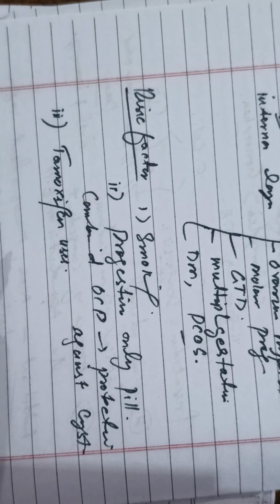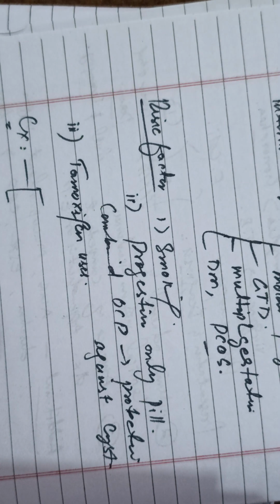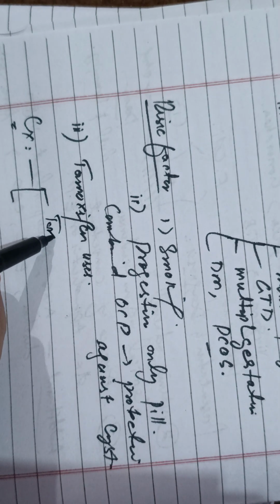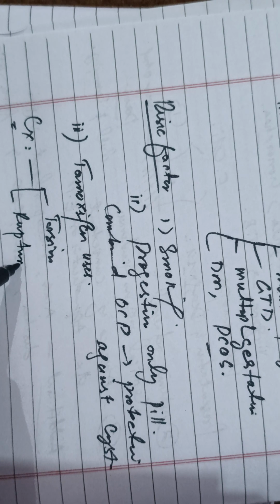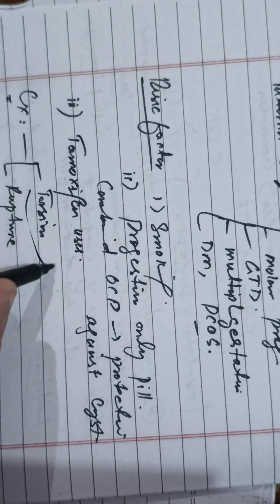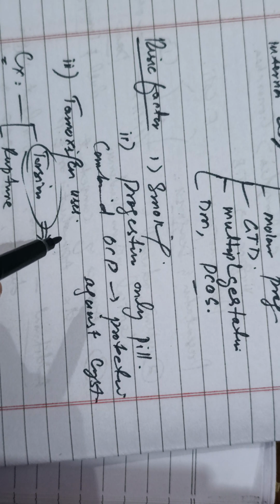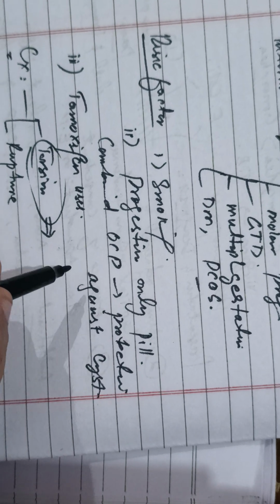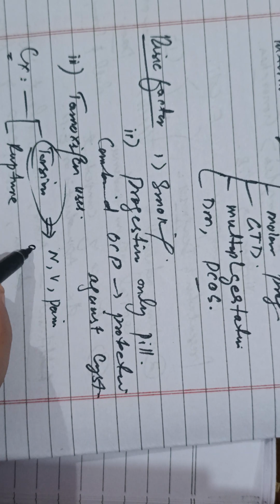What are the complications of this? If the female patient has an ovarian cyst, two complications most likely occur. One is torsion and the other is rupture. For torsion, there will be a previous history of ovarian cyst, and now the patient came to the OPD with nausea, vomiting, pain, and fever.